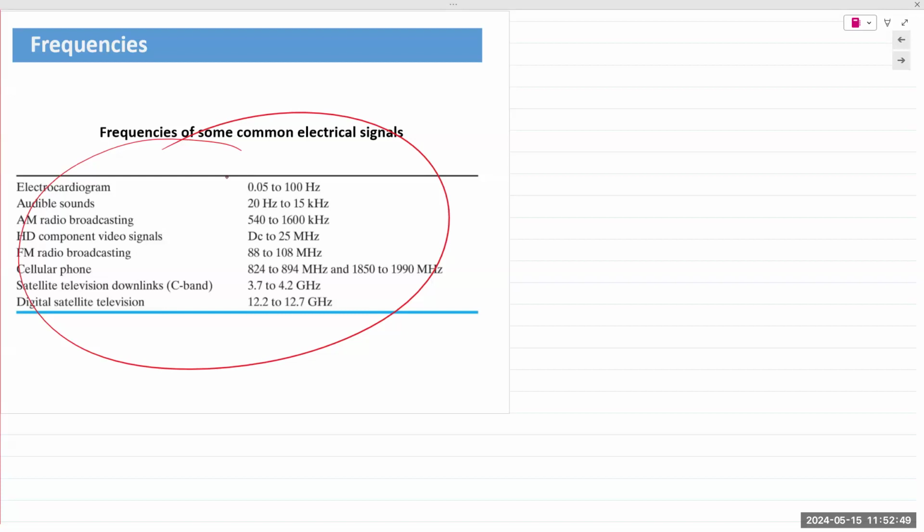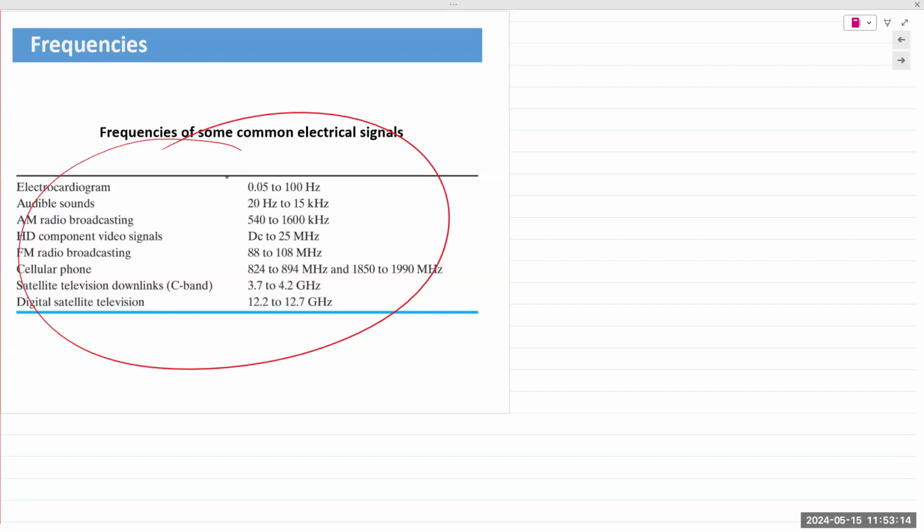As I was saying, North America, 60 hertz. Outside of North America, it's 50 hertz. Very low frequency. Normal human hearing range is 20 hertz to 20 kilohertz. Most people, like me, hear between 100 hertz and about 14, 15 kilohertz. Again, not very high compared to what we use in everyday life.